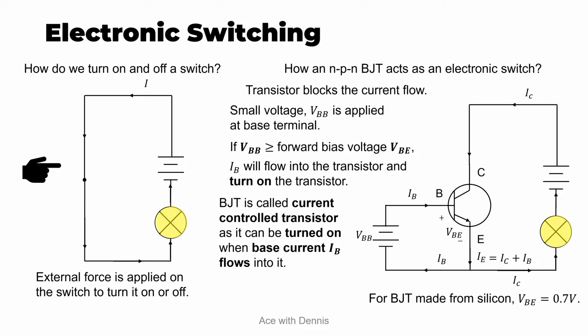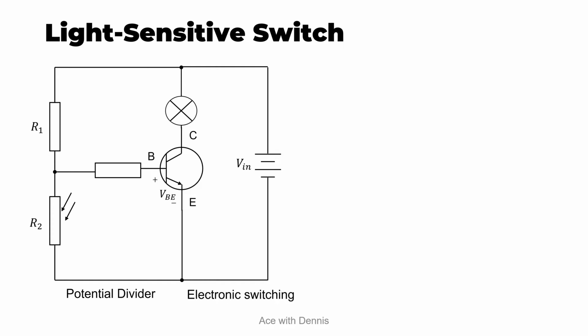The EMF of the battery is labeled as Vin as it supplies electrical energy to the circuit. The voltage across the LDR, which is labeled as VLDR, is equal to R2 over R1 plus R2 times Vin. So this is the formula of potential divider which we have discussed in the previous chapter.